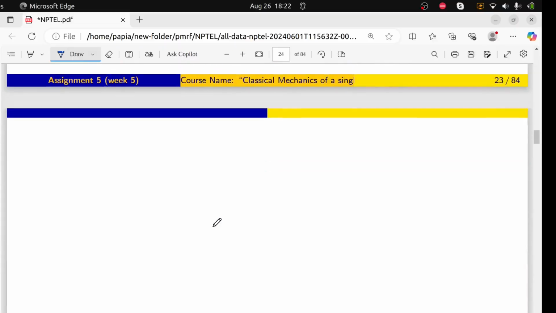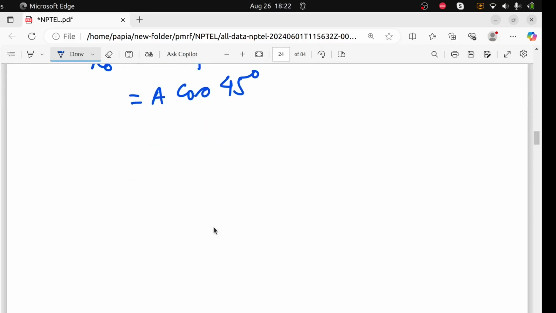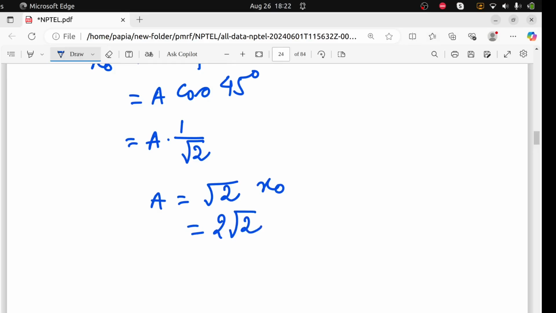Now I just want to write here what is A. A can be calculated very simply. x0 equals A cos phi, and A cos 45 degree. So cos 45 is 1 by root 2. So A will be root 2 into x0, so 2 root 2.